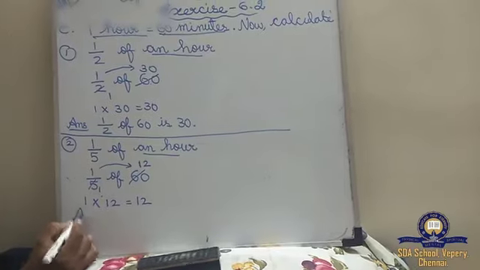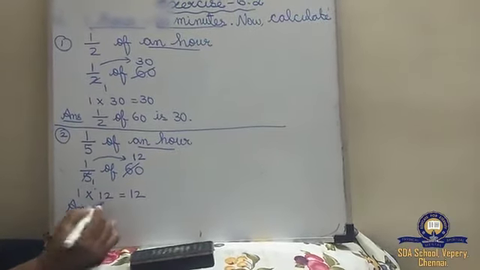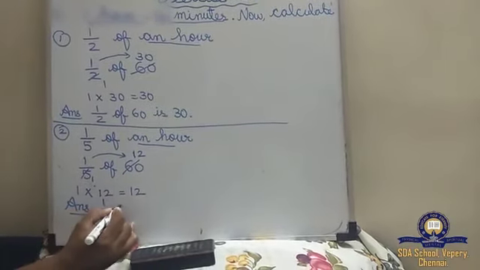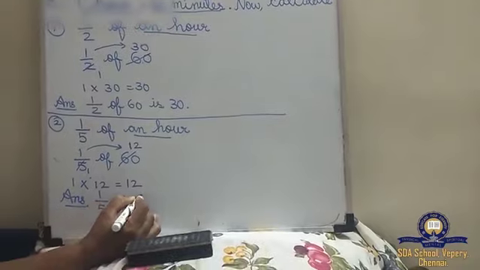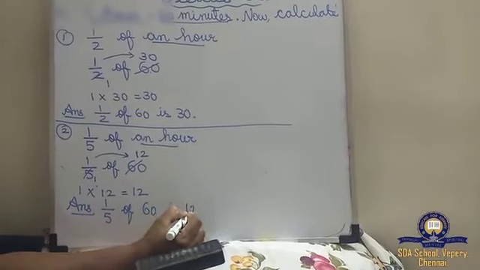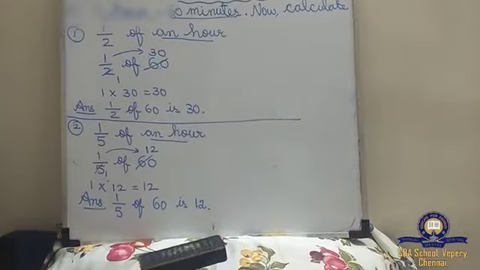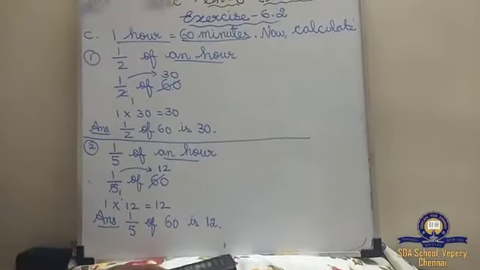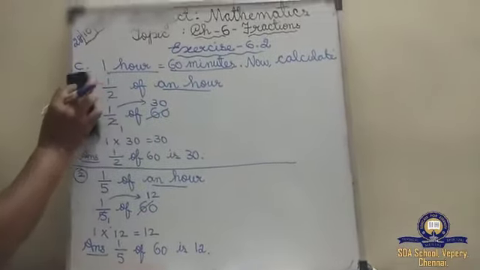So what's the answer, children? 1 by 5 of 60 is 12. Okay, children? The same process. We'll see 2 more sums.